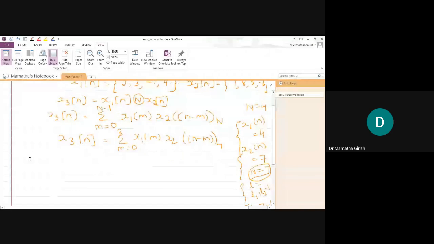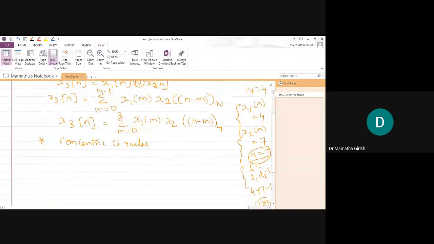See, circular convolution can be solved in 3 different ways. The first method is called the concentric circular method. The second one is called the matrix method.